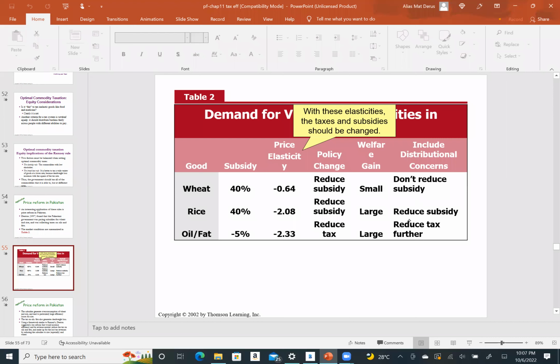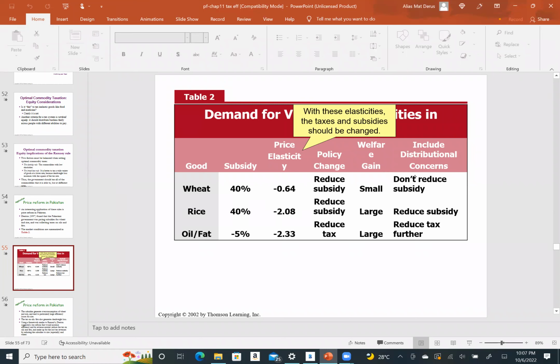But here, when you look at the equity perspective, the good which is very inelastic in demand, and it is a staple basic need, you don't reduce the subsidy. Because it is equitable.